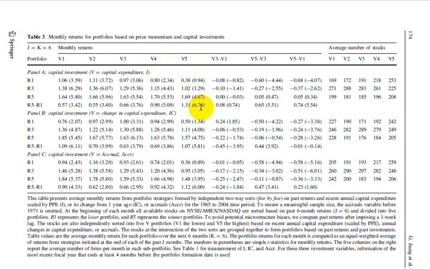And so what we want to hone in on here is the zero cost portfolio, which is the R5 minus the return of the R1. So we can see the difference between those two is 0.57 per month.